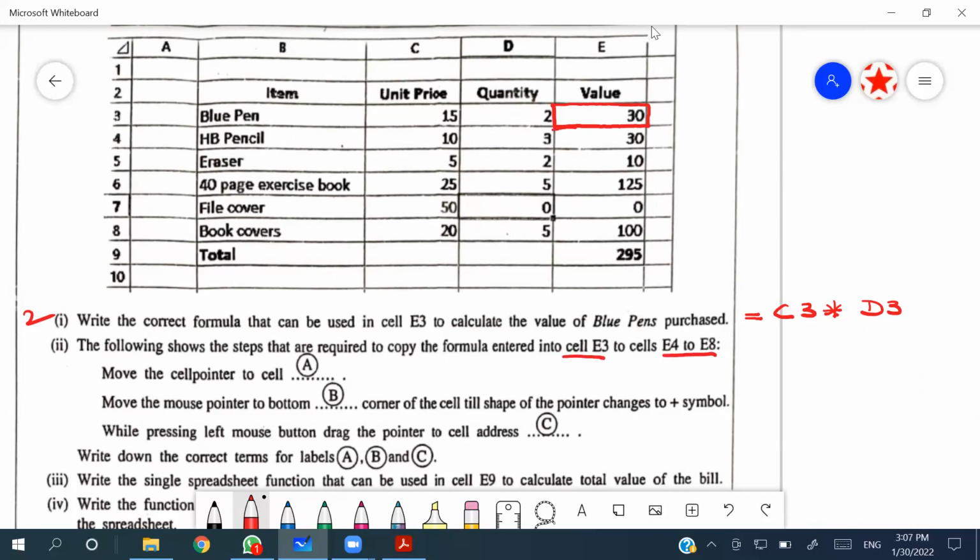That means to the rest of the cells over here, right? Not actually until the E9, from here to here. So move the cell pointer to cell what? E3, right?